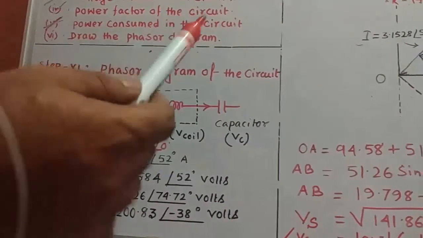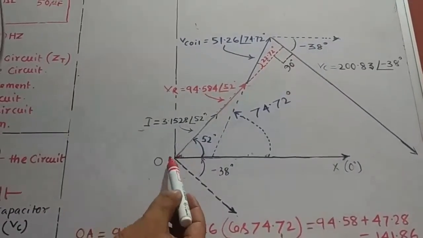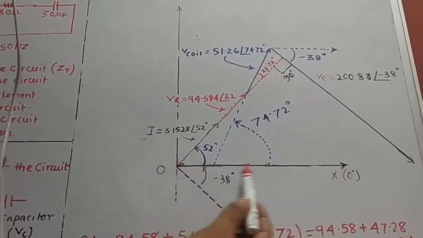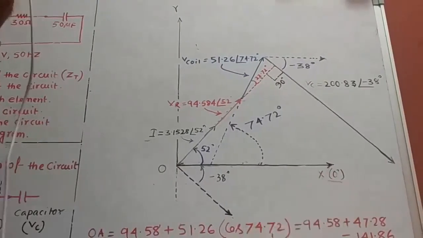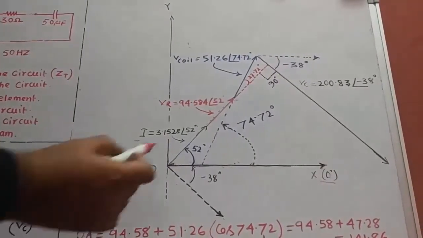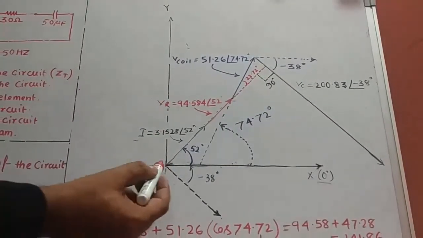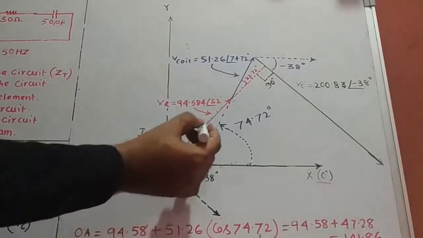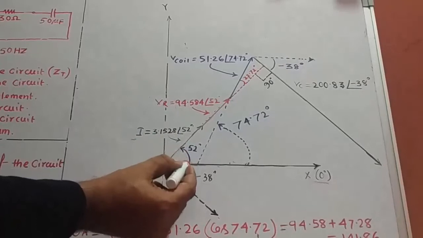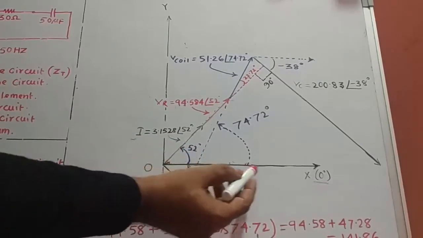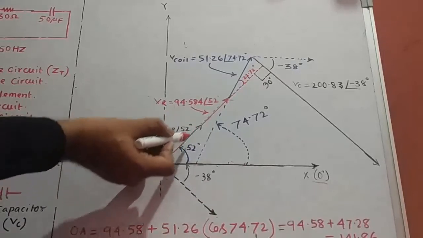So I am coming to here. I have drawn a reference axis, X, and I have assumed this is 0 degrees as it is the reference axis, and this is your Y axis. Now I will first plot the current, which is at angle 52 degrees with respect to the reference axis. I have drawn it in black.